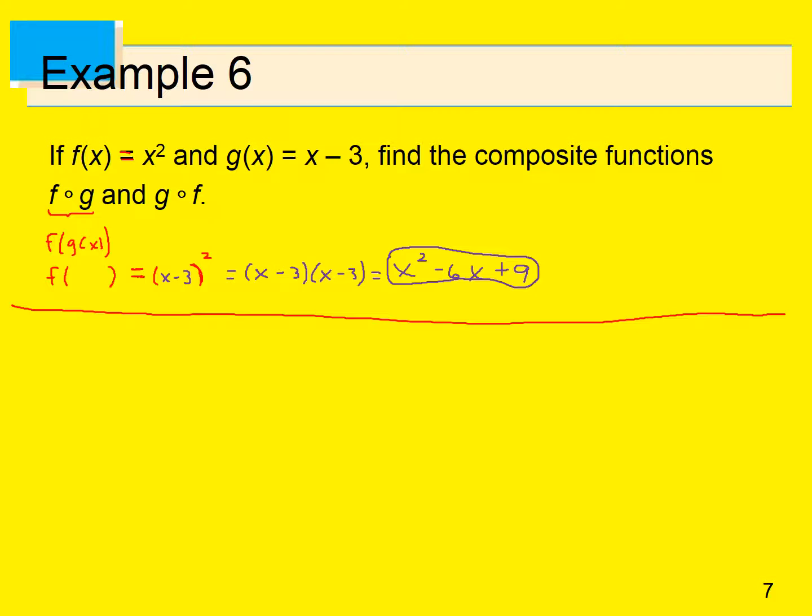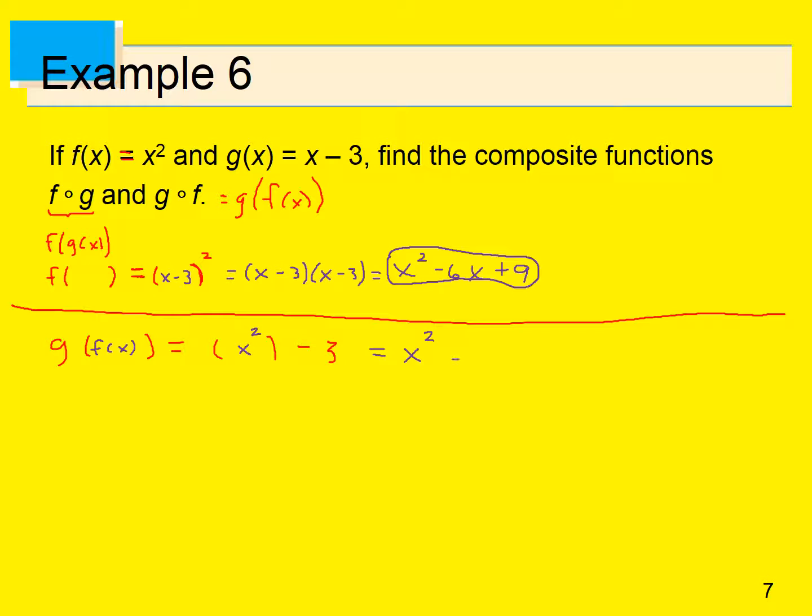Now, g composed with f, what is that? We might think that that should be the same thing. Maybe we doubt it. So g of f of x, g composed with f, of course, is g of f of x. So now f is the inside function and g is the outside function. Well, g of anything is that thing minus 3.